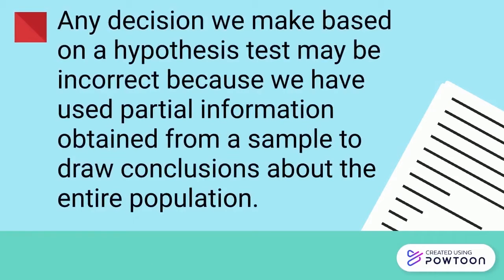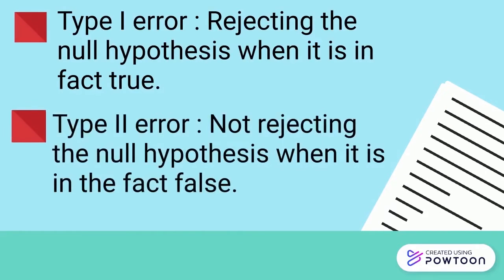Any decision we make based on a hypothesis test may be incorrect because we have to use partial information obtained from a sample to draw conclusions about the entire population. There are two types of error. Type 1 error is rejecting the null hypothesis when it is in fact true. Type 2 error is not rejecting the null hypothesis when it is in fact false.